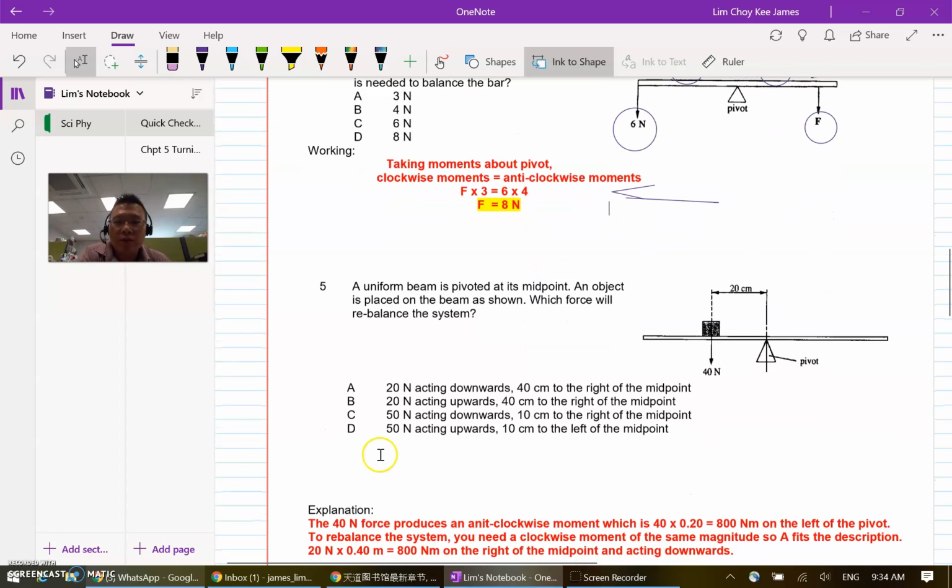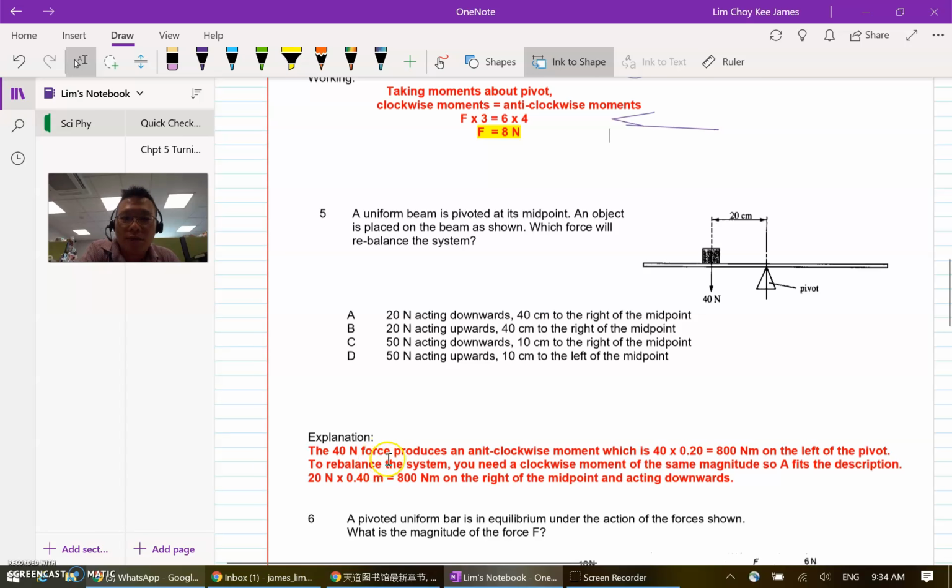Question 5 is somewhat different. It's different in that F2 is not given. In this case you actually need to deduce or calculate the necessary F2 and the necessary L2, the corresponding perpendicular distance. But the idea is still the same.